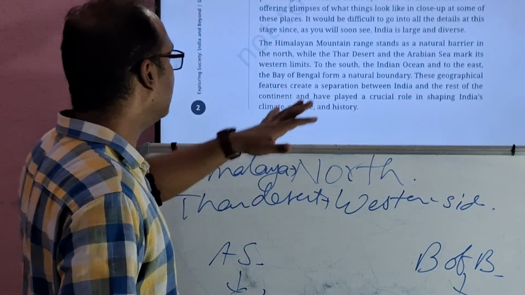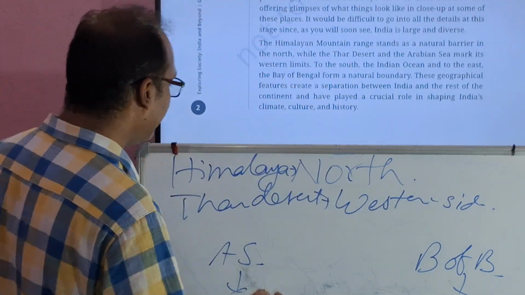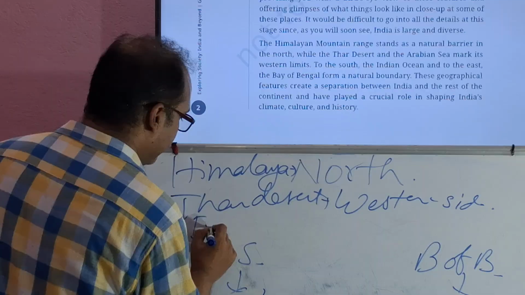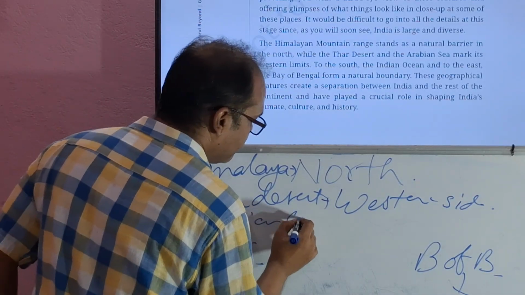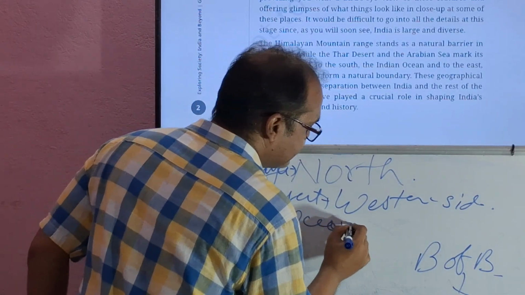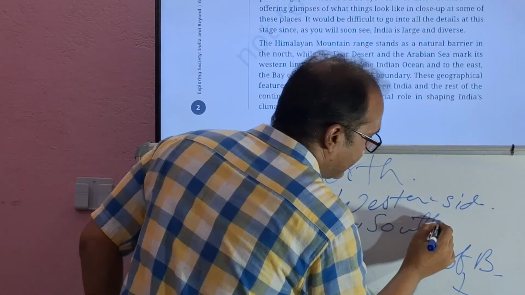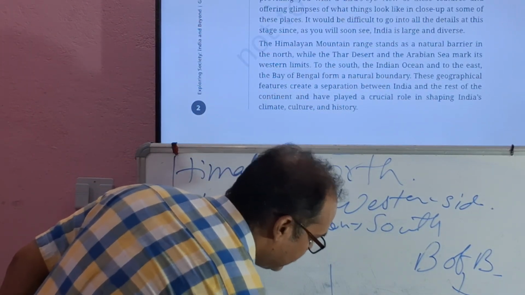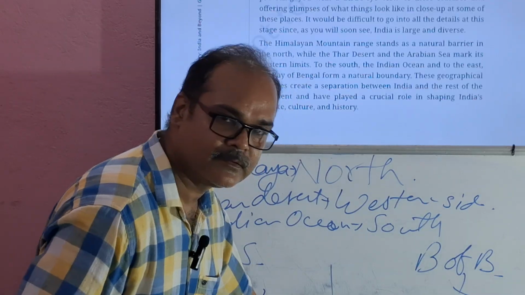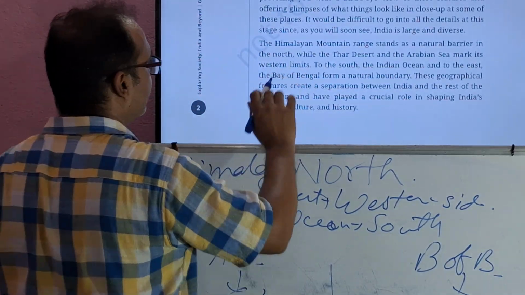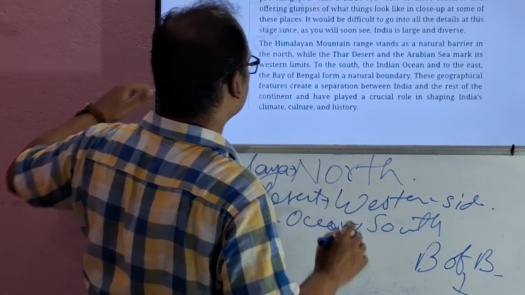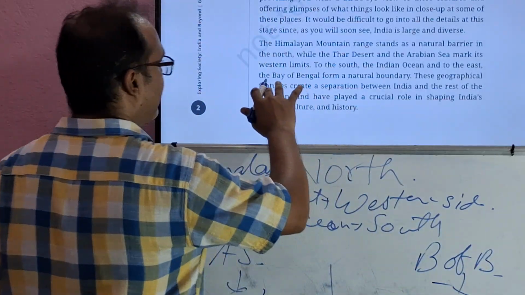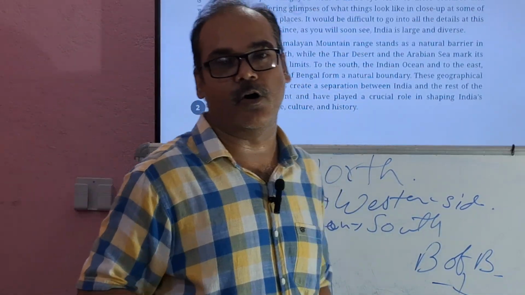Then to the south, we have Indian Ocean. Indian Ocean, it is there in the south, right? Then to the east, the Bay of Bengal, which forms a natural boundary.